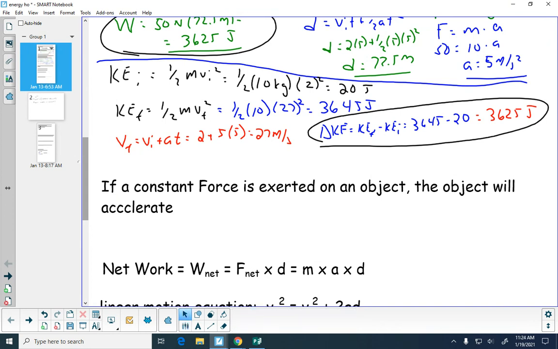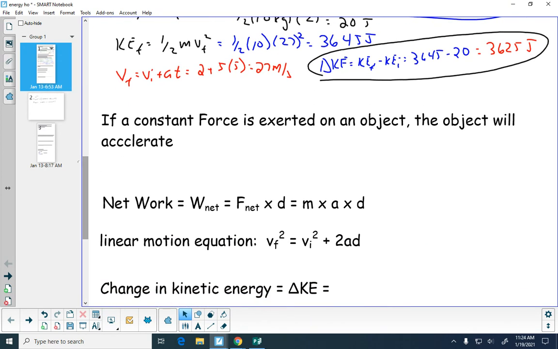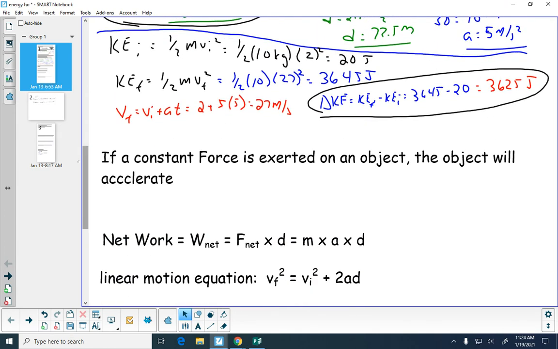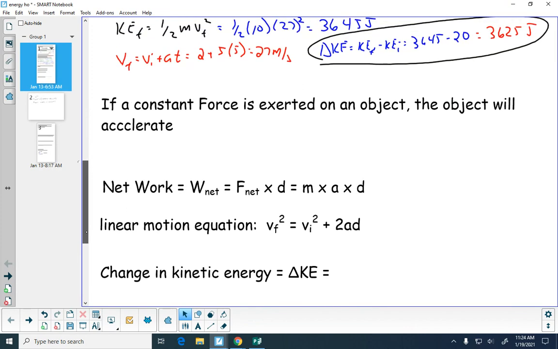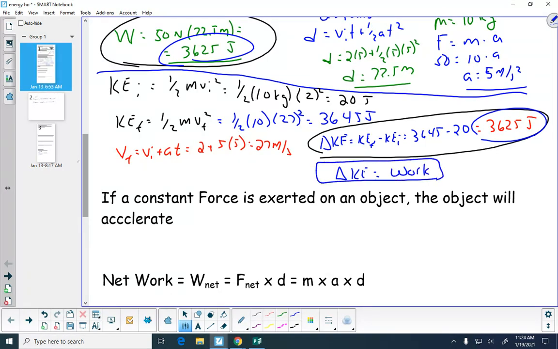If a constant force is exerted on the object, it will accelerate. If we take a look at what we're working on here, your change in kinetic energy is going to equal your work.